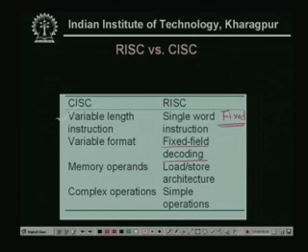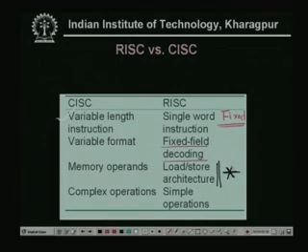Now, CISC has memory operands, meaning the data is stored in memory, and the operations are performed on data accessed from the memory. RISC is a load store architecture.